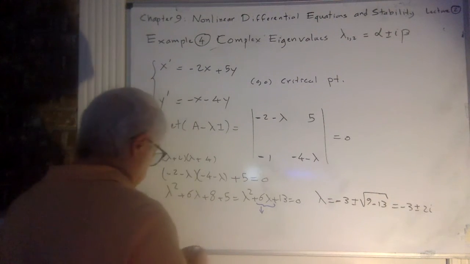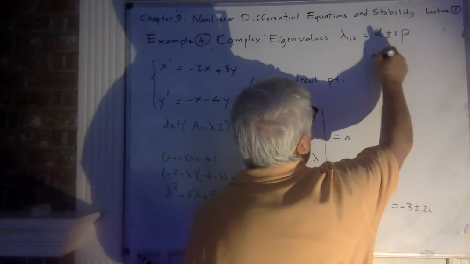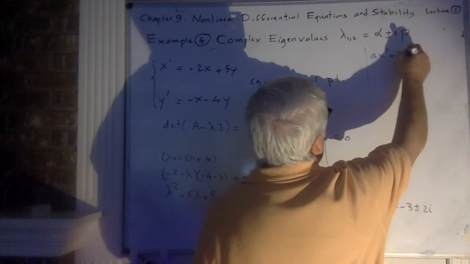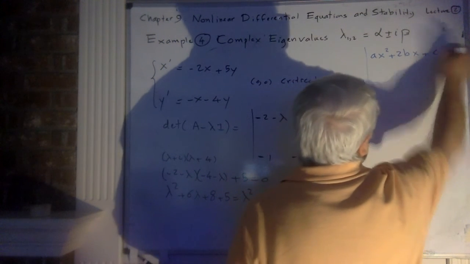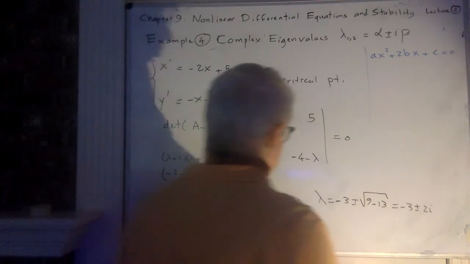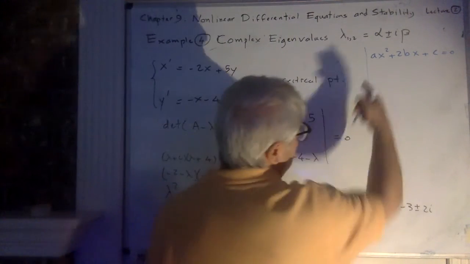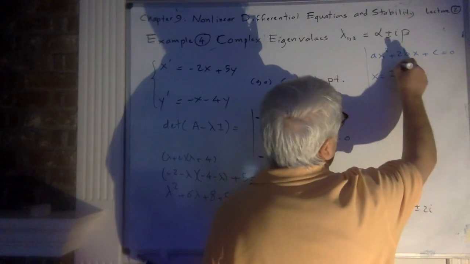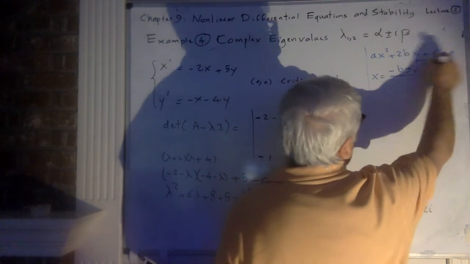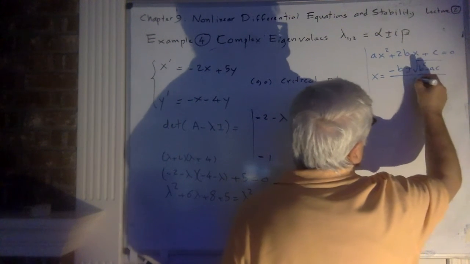Let me just remind you right here, if the quadratic is like this, ax squared plus 2bx plus c equals 0, so it's 2b. So b here is 3. If this is the situation, then it's easier to write: x equals minus b plus minus the square root of b squared minus ac, over a.